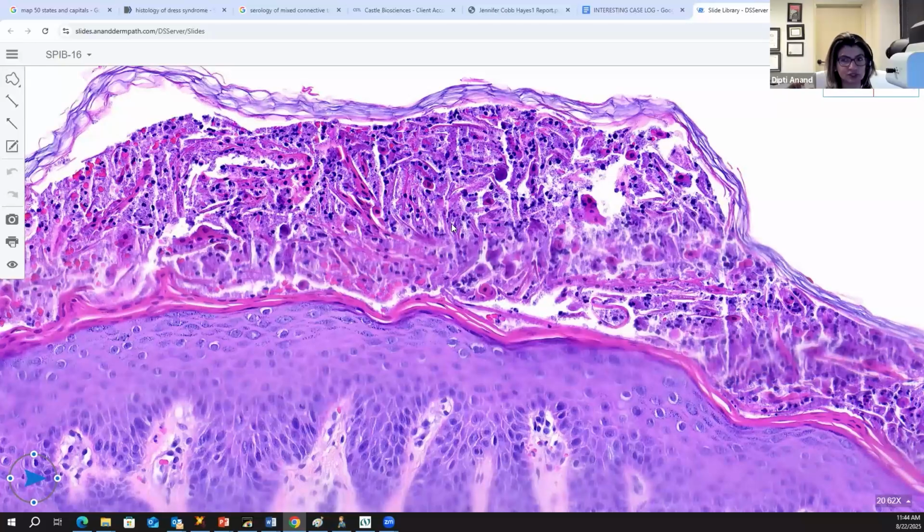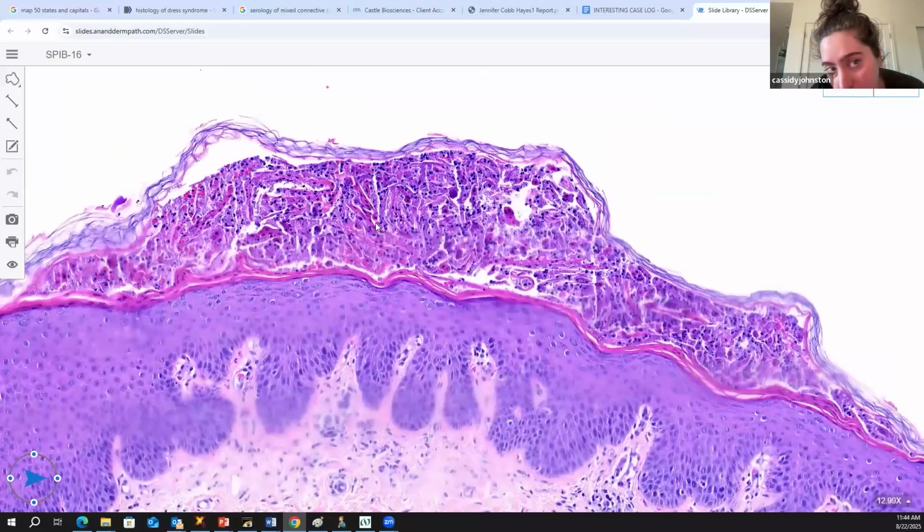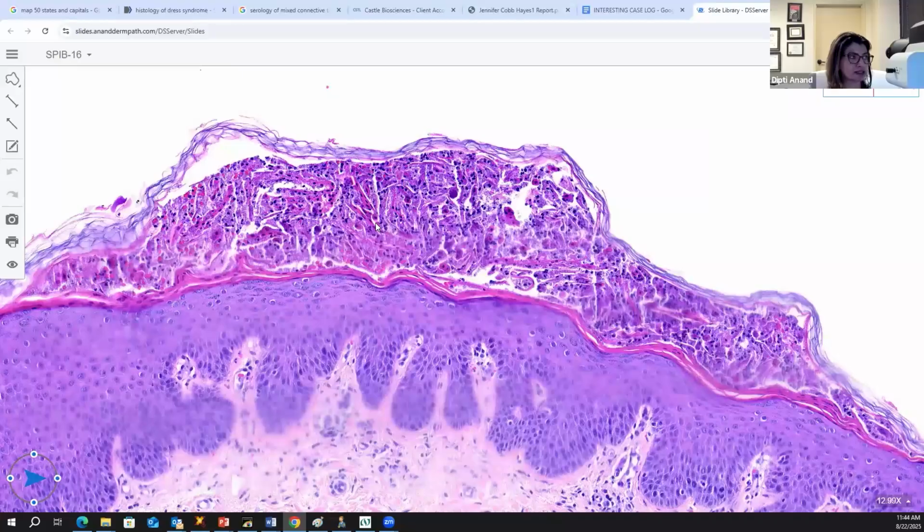Yep. You're being honest because a lot of you sitting over there are thinking there is bacteria in here. Will that alter the diagnosis? Because if there is a subcorneal blister with neutrophils and bacteria, then what is the diagnosis you're thinking about? Bullous impetigo. Yes, so that is very crucial to understand in your brain, are these bacteria or not, because that is going to be in your differential.